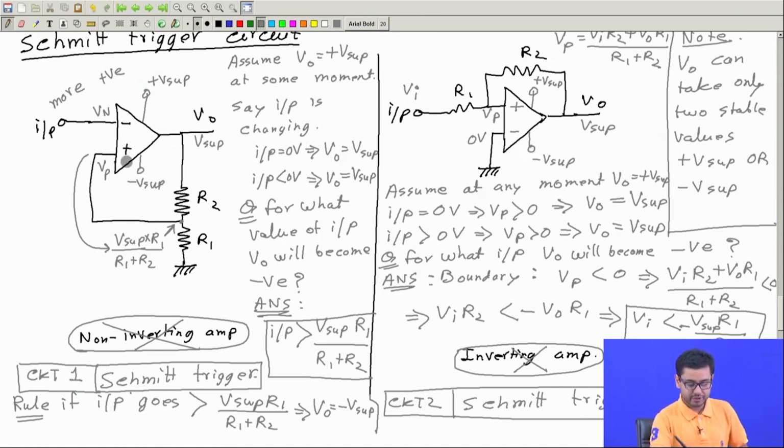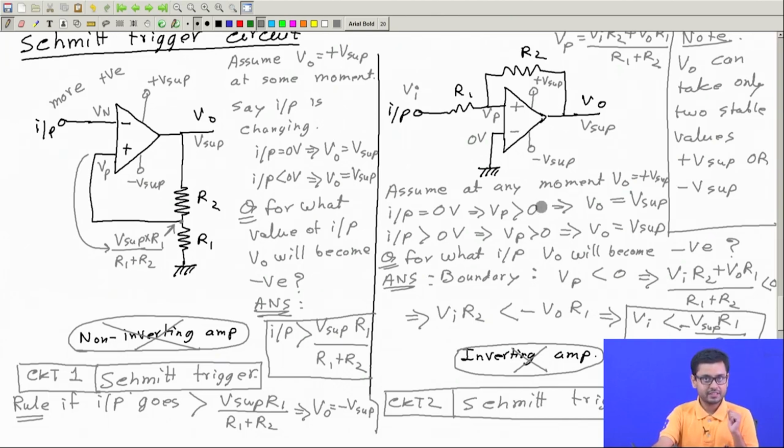Then we have swapped the plus minus inputs here as well as here, and we said that this acts as a Schmitt trigger where the output can be only positive or negative, positive V supply or negative V supply. And we have asked a question that for what value of input the output will change from positive to negative or negative to positive, here as well as here.